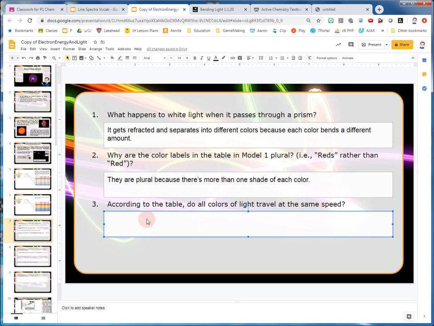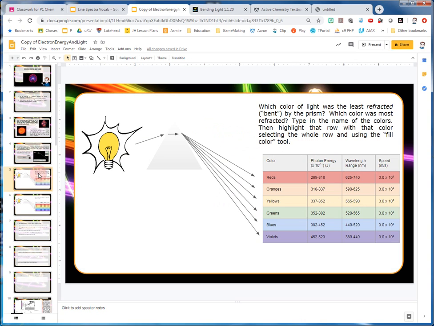So according to the data, according to the table, all colors travel at 3.0 times 10 to the 8th power. Were there units over here?